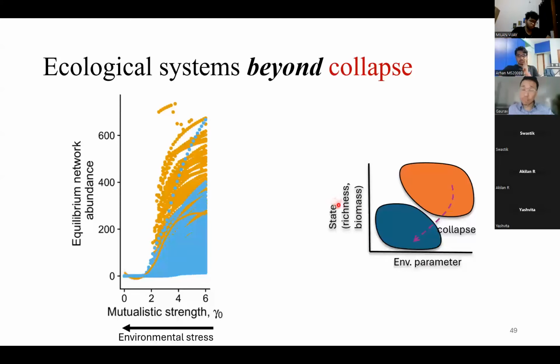And on the y-axis is the state, for instance, the richness of the community or the biomass of the community. As the environmental parameter deteriorates from right to left, the system which is at, let's say, a high biomass, high richness state, for instance, here around this position, transitions to this blue space, which is, let's say, a low biomass, low richness state.